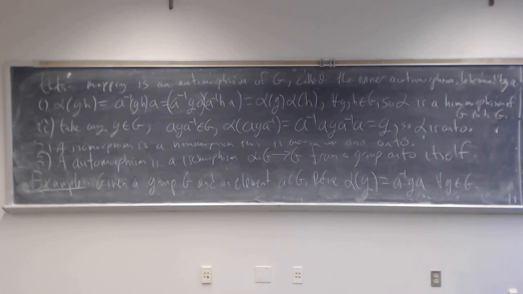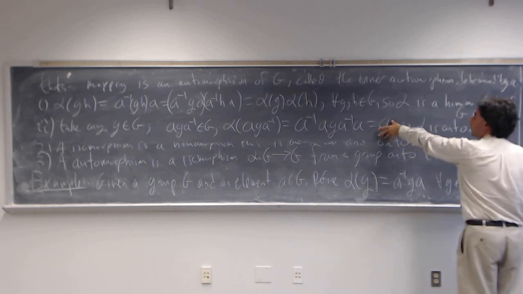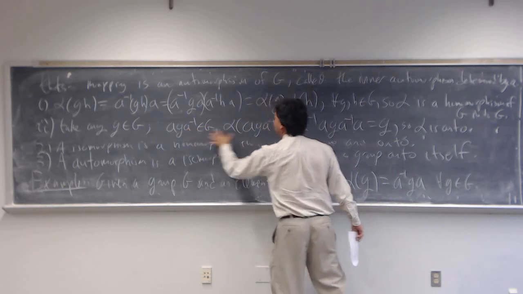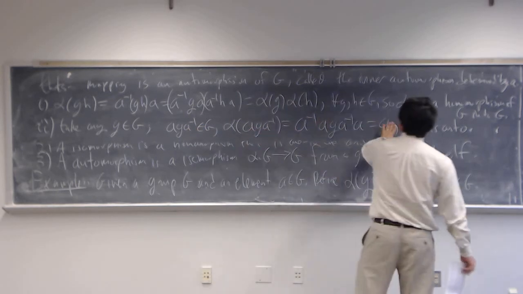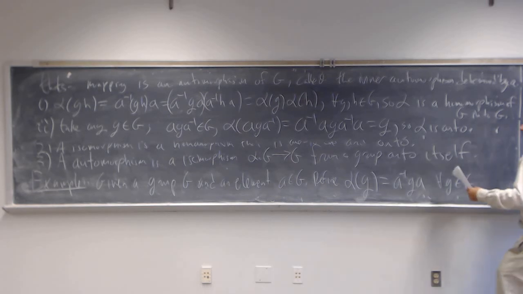Because you give me any element G, figure that as being in the range, even though the domain and the range are the same. I've now got something in the domain that phi is going to hit. So any element of G, I can map something to it. That's what it means to be onto.